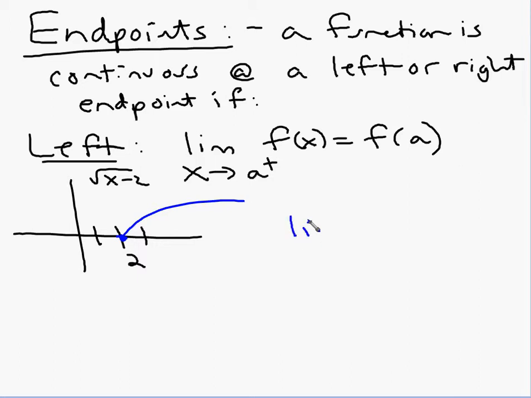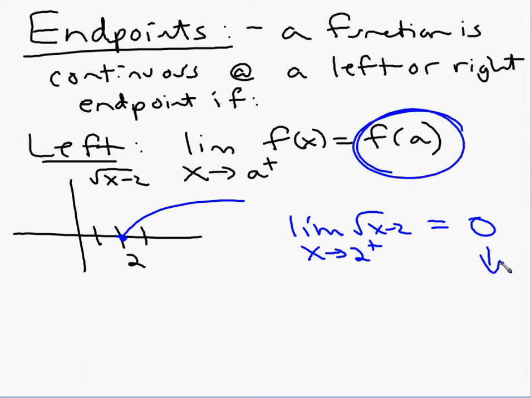Because the limit of the square root of x minus 2 as x approaches 2 from the right is 0. As we approach 2 from the right, the limit of the function is 0. And isn't that the same thing as f of 2? F of 2, you'd plug in the 2, 2 minus 2, 0. So this one is continuous at the left endpoint.